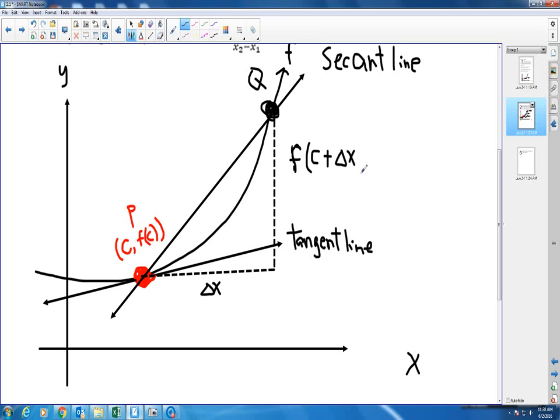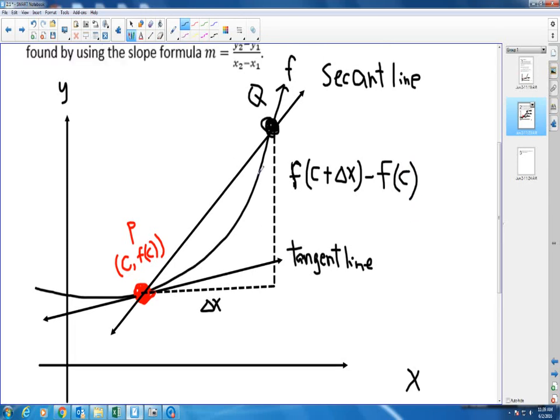Alright, so this is, excuse me, not a comma, minus f of c. Minus that y value. So basically, if I say this is 1 and that point's x value is 5, that means the change right here will be 4.